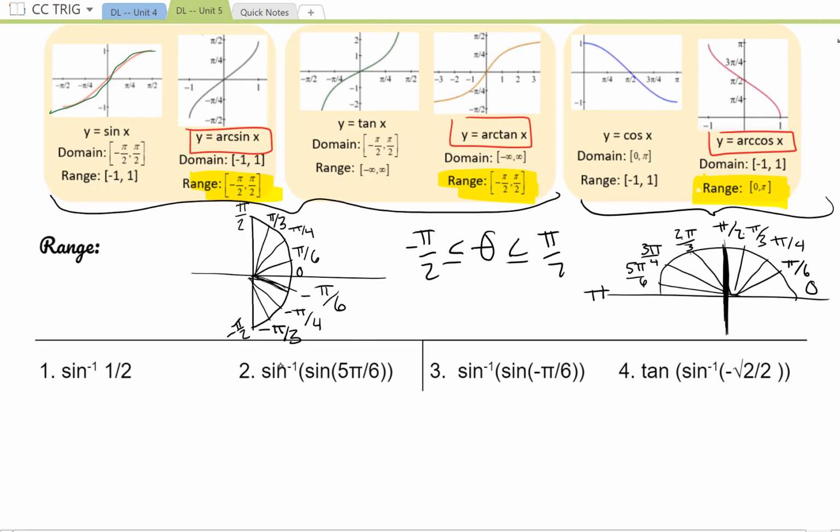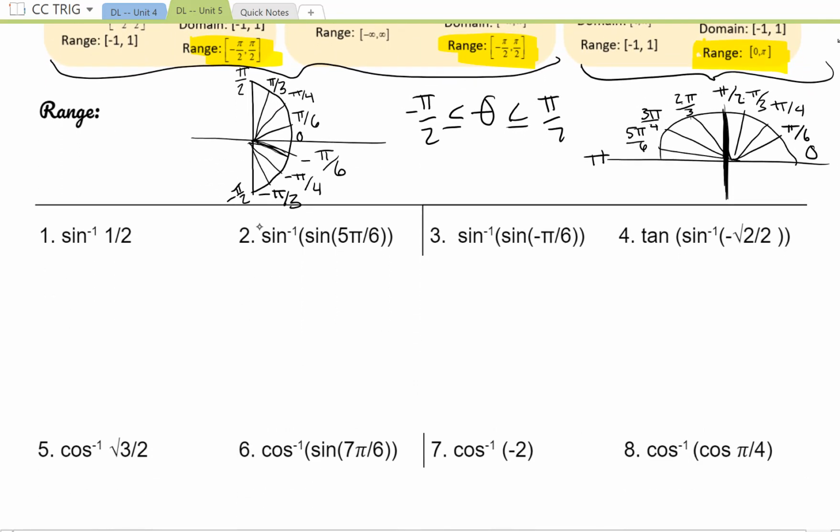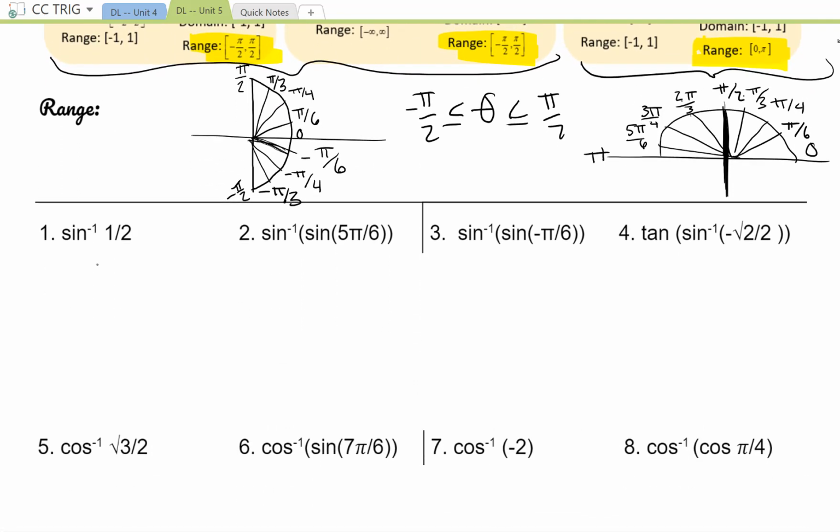Let's actually do some practice problems now. Sine inverse of 1/2. This is basically asking us sine of some angle is equal to 1/2. So we need to find what is that angle. In all the other sections of this chapter, we got oftentimes multiple angles.